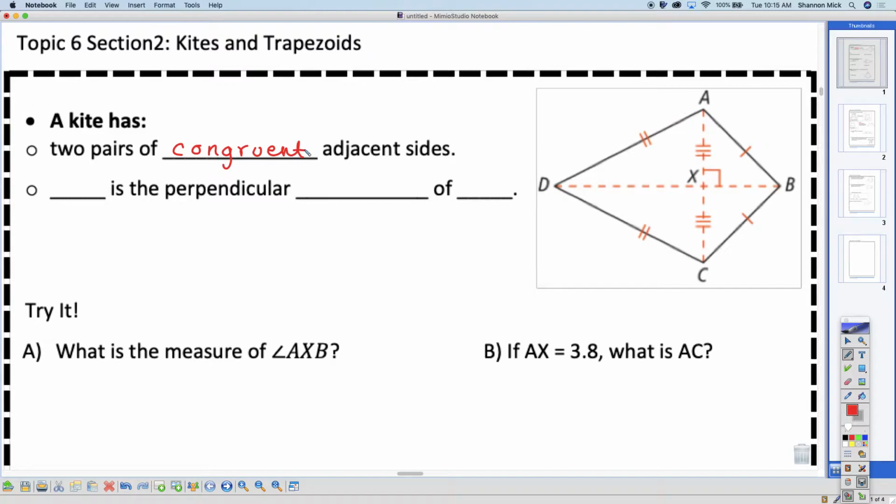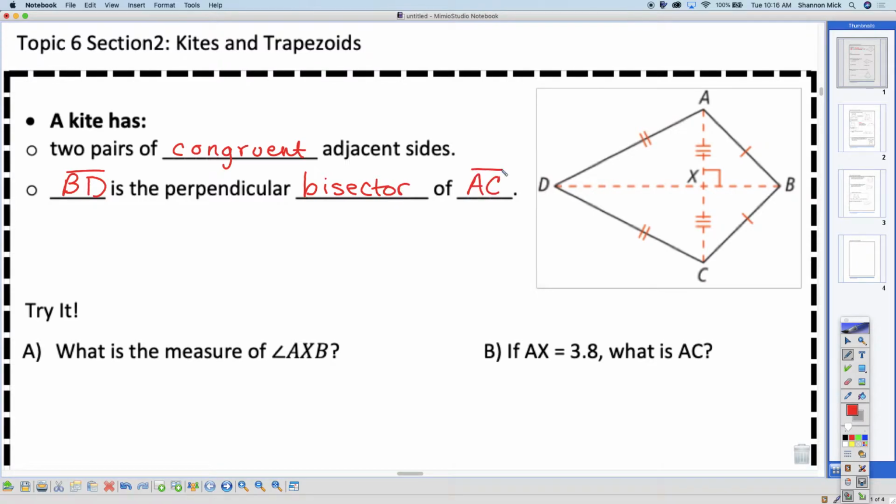And BD is the perpendicular bisector of AC.